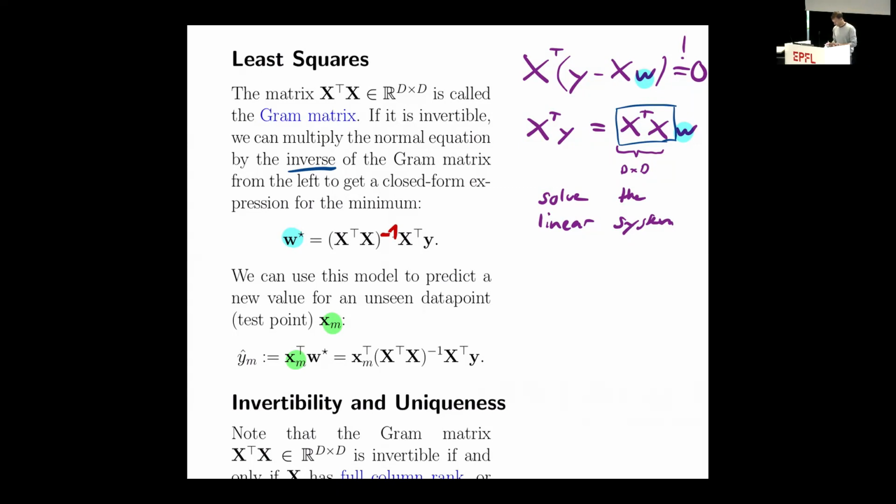And of course, the prediction is always just X times W. And then if you plug that in, you get this, times the vector. So just to understand that you can also use it to predict new data points.